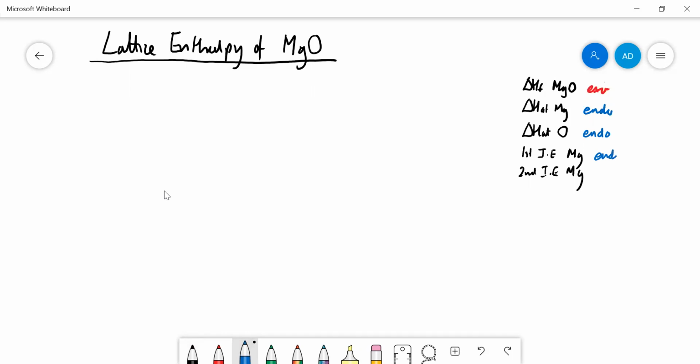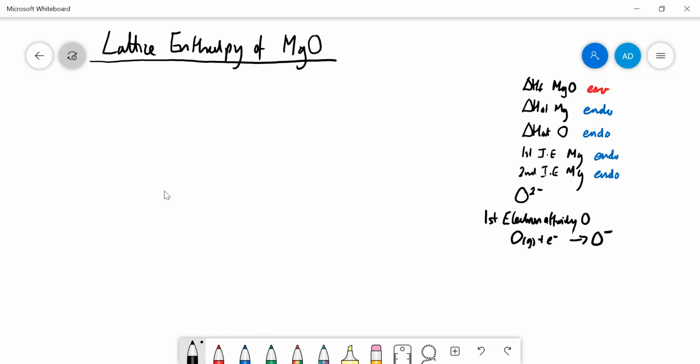Then this is where it gets a bit more tricky, because we're talking about the oxide ion, the O2 minus ion. It's got 2 electrons, isn't it? So we need to know the first electron affinity of oxygen, which is when you go from O gas plus an electron to O minus.